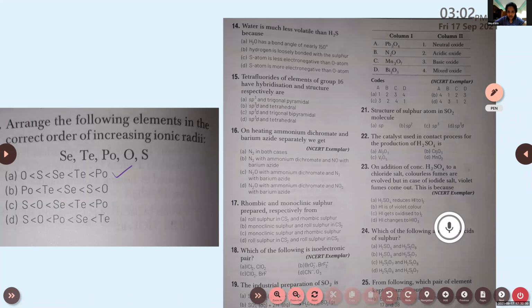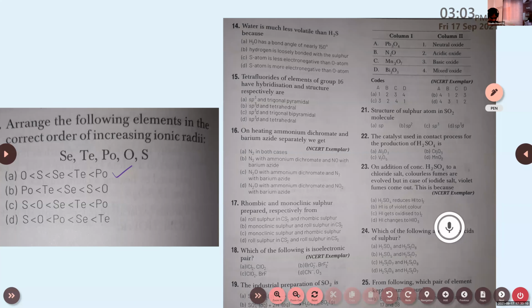Water is much less volatile than H2S, hydrogen sulfide, because option A, H2O has a bond angle of nearly 150 degree. Option B, hydrogen is loosely bonded with sulfur. Option C, sulfur atom is less electronegative than oxygen atom. Option D, sulfur atom is more electronegative than oxygen atom.